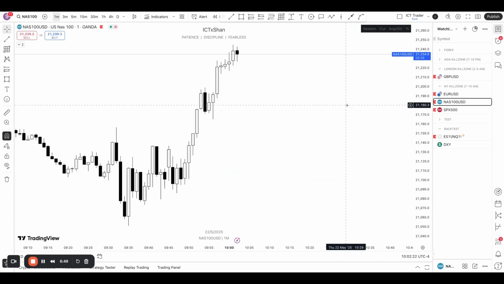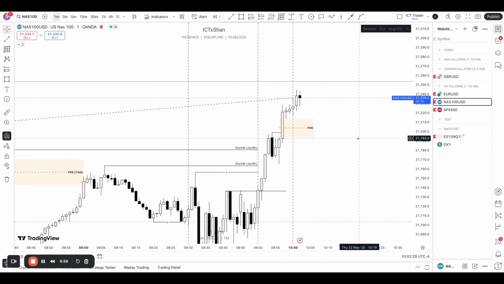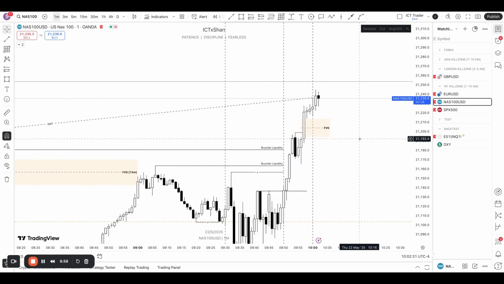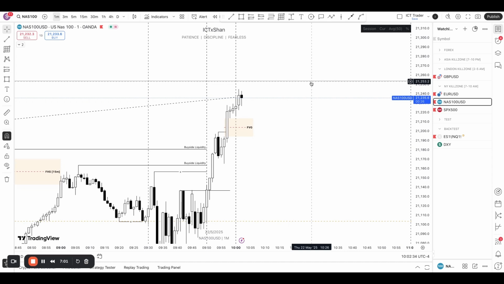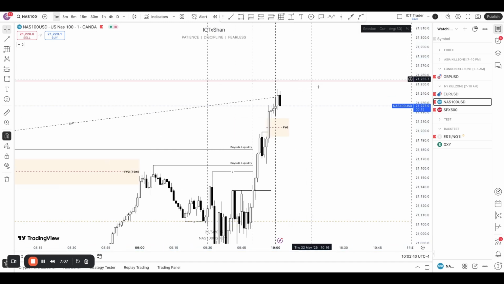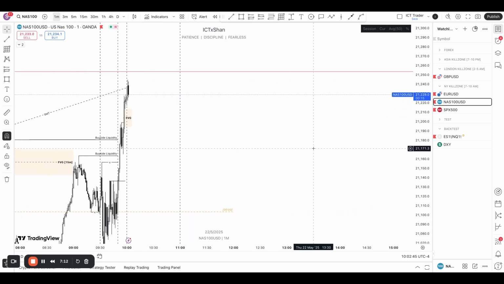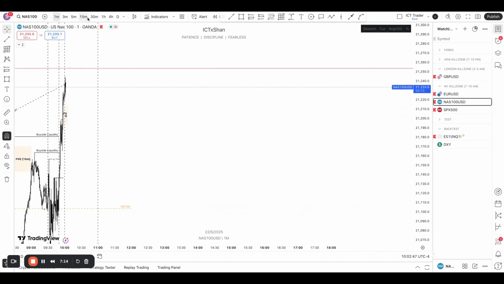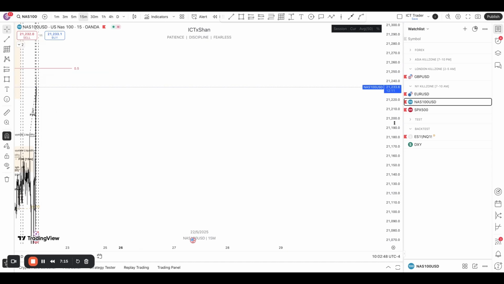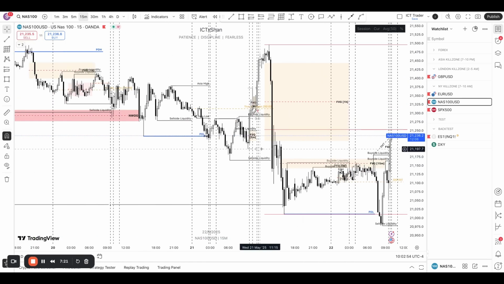And what NQ is doing is the same thing. I mark it with a different color, so that will be easy for me. That's actually 50 percentage of the whole previous 50 minutes move. If we note it down, yes, there we go.